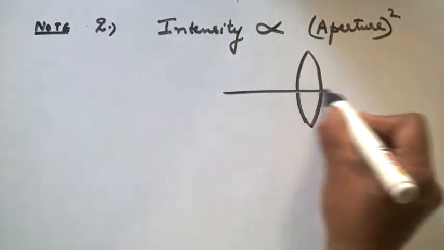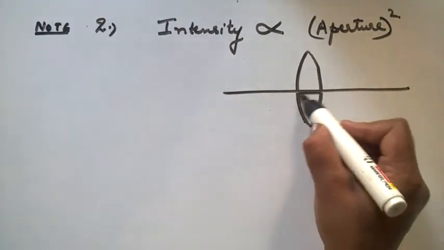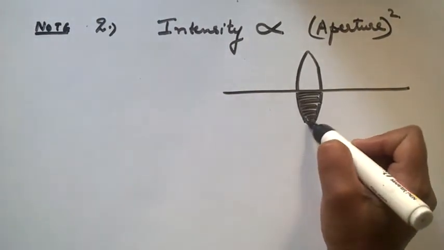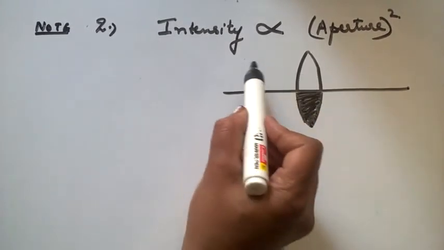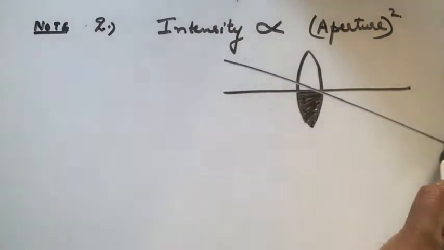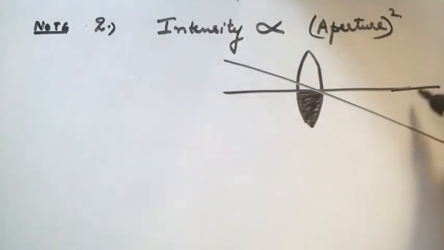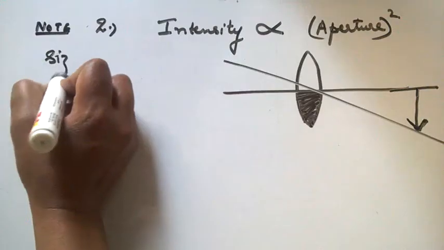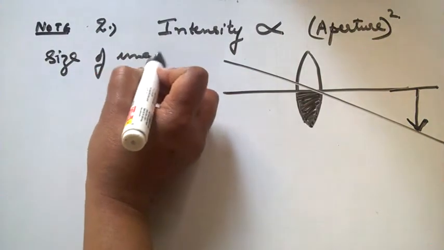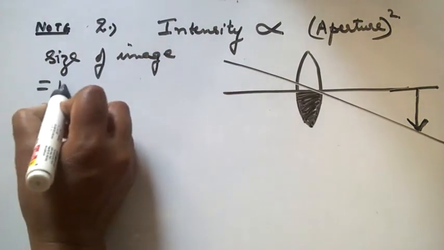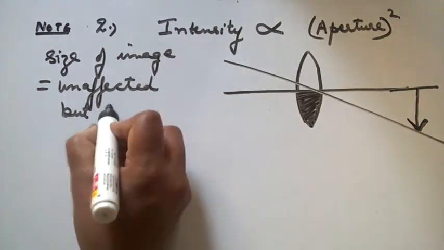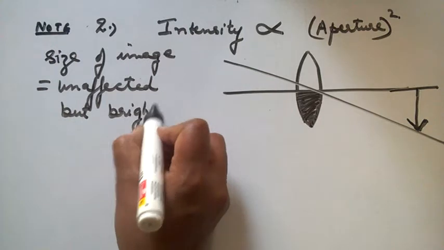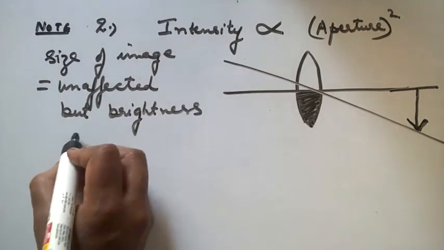If there is a lens and we paint part of this lens with some dark color, the light will not be able to refract from it, and thus when the light passes through it there will be no effect on the size of the image, but its brightness will decrease. The image will remain unaffected, but the brightness is reduced to half.